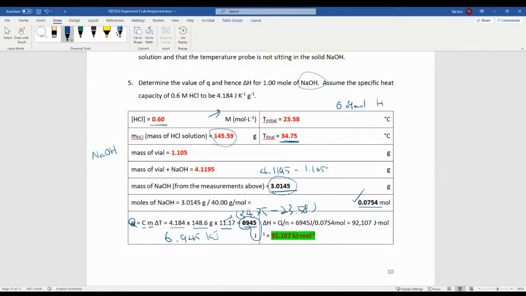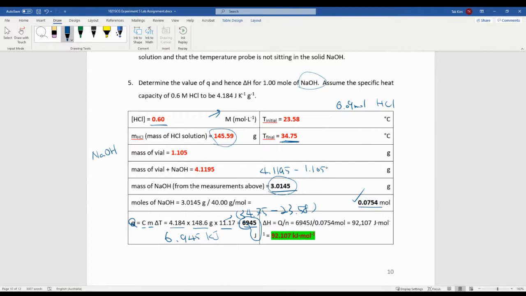moles of HCl. So since number of moles of your sodium hydroxide is smaller than number of moles of hydrochloric acid, you will need to use the number of moles of your sodium hydroxide. Because we know that this is already smaller than this one, we didn't bother asking you to calculate the number of moles of your acid.